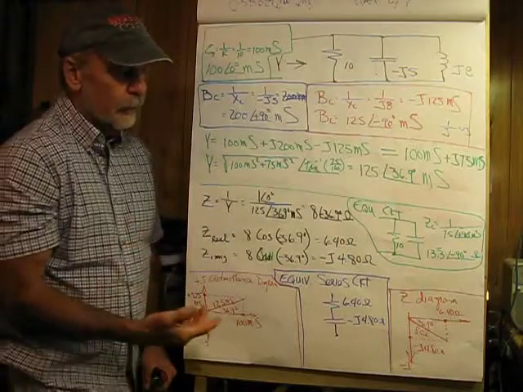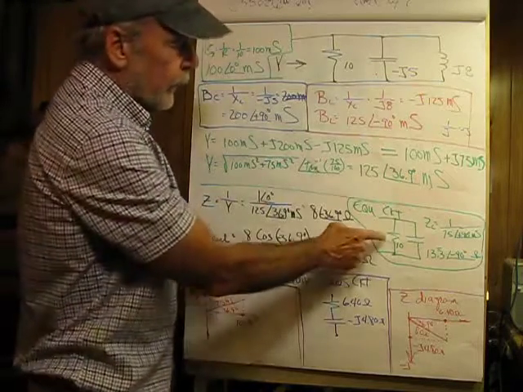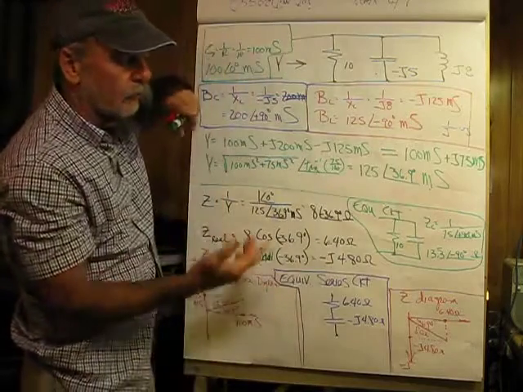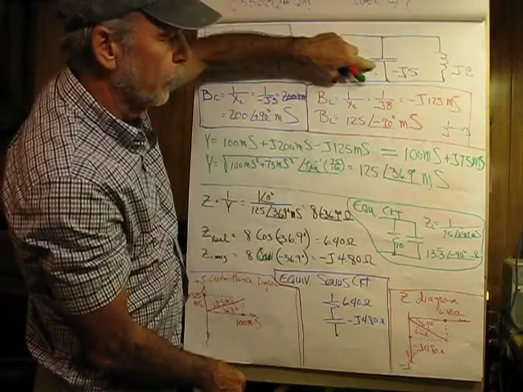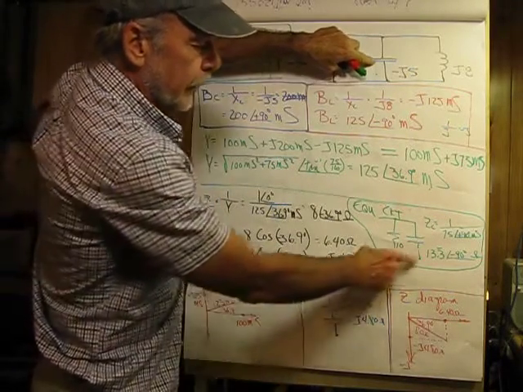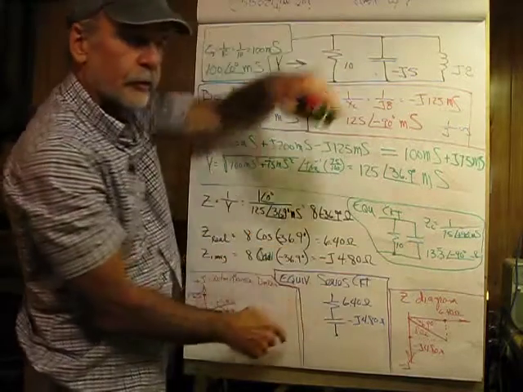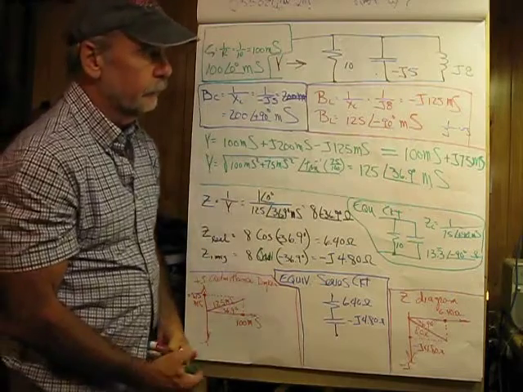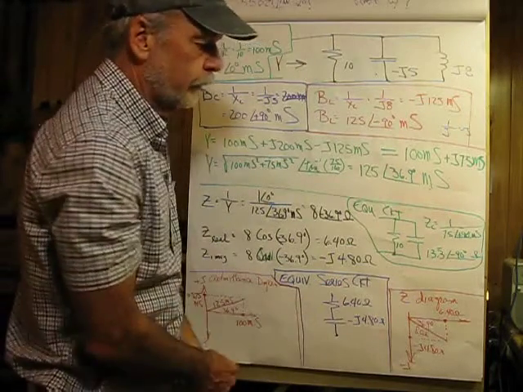Now, what you should make of this is that the resistive element remains the same, but in the parallel equivalent circuit, we only have a capacitor, and its value, its opposition to current flow, went up a lot, from 5 to 13.3 ohms.